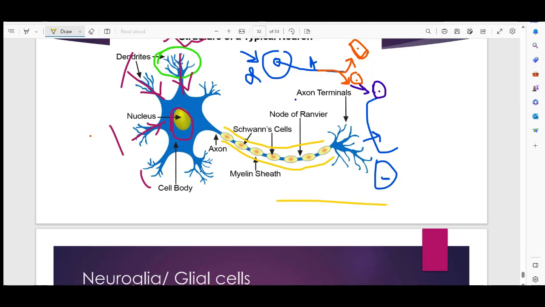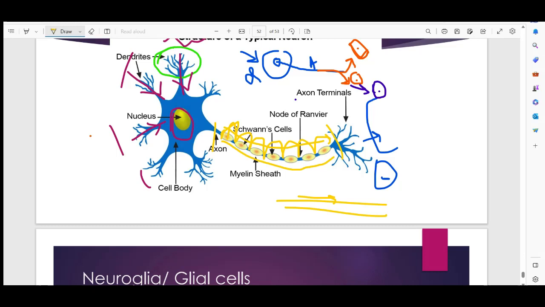If this axon is not myelinated, the impulse will go like this. But when the axon is myelinated, it will jump from this end to these blue color areas in the middle, and it will pass quicker. The nerve impulse can transmit quickly from one end to the other when they have this insulation.